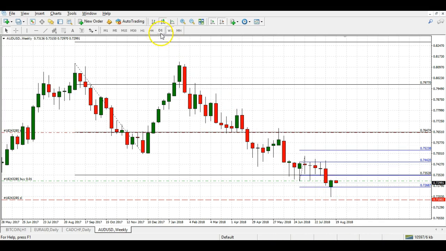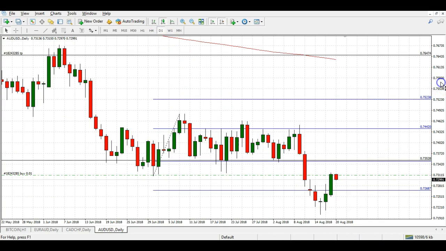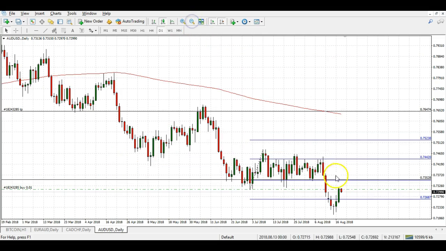Because you can see that from the daily perspective, it was a clear violation of that level, 72.68. You can see price was basically breaking below, trading for a few days, and going all the way back, right? So I think this is still very much valid, and we should expect the next upside leg, not to say even the breakout of that system and the continuation on the larger scale, right?